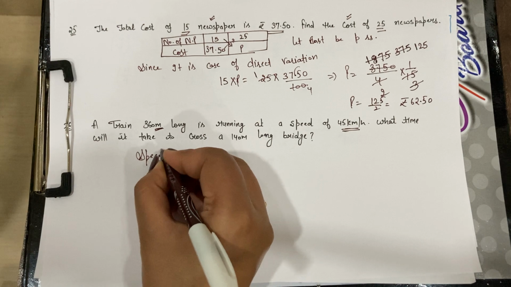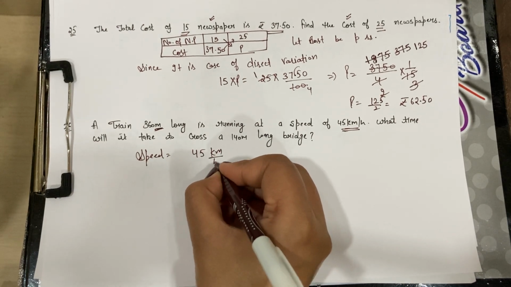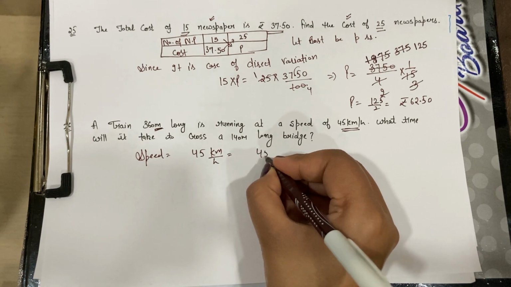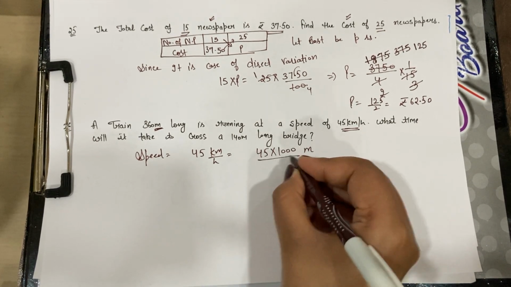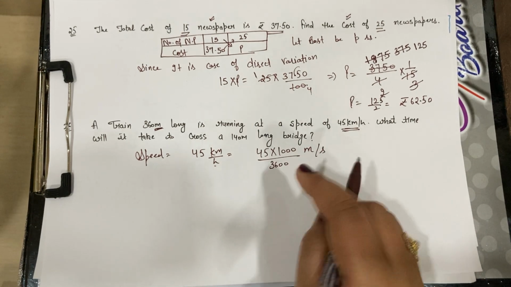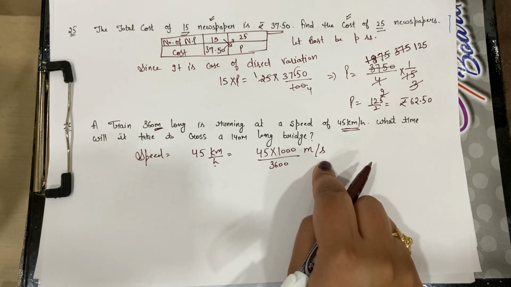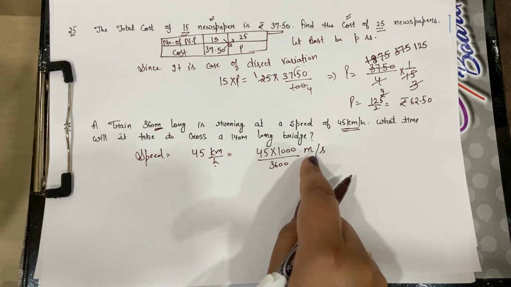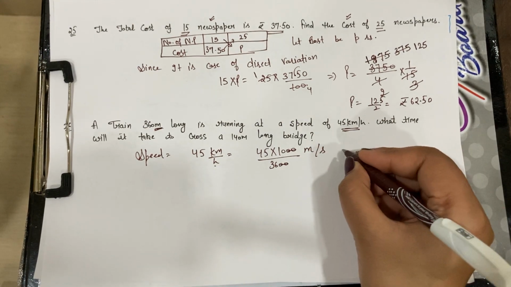Speed is 45 kilometer per hour. Whenever we change kilometer to meter, we multiply by 1000. And whenever hours to seconds, 3600. This is for hours to seconds, that's why I have written seconds here, and 1000 for kilometers to meters. Correct? Now we'll do the cutting.